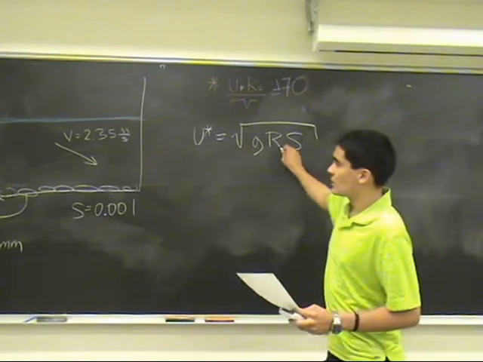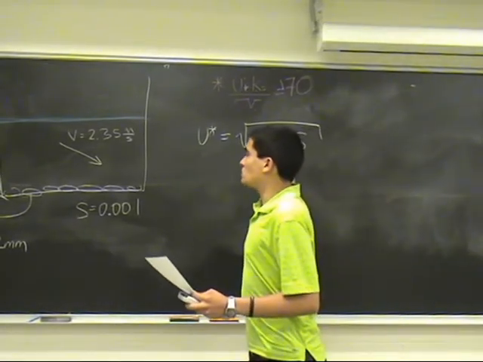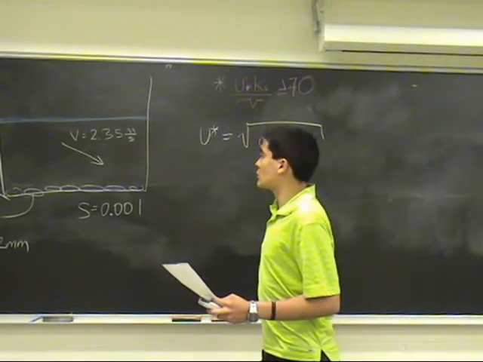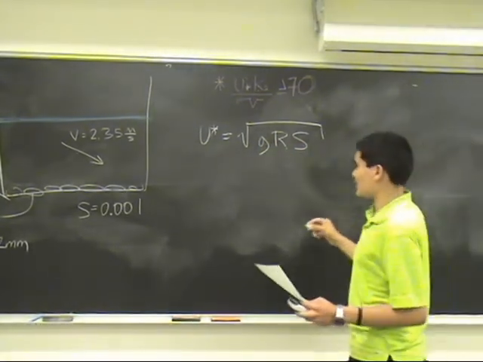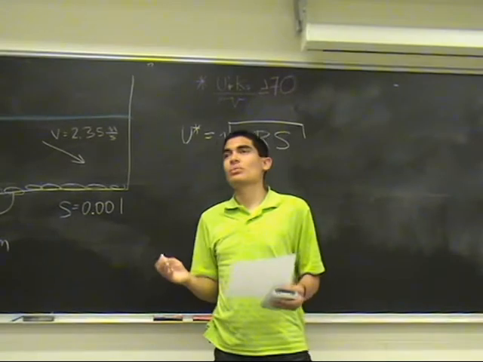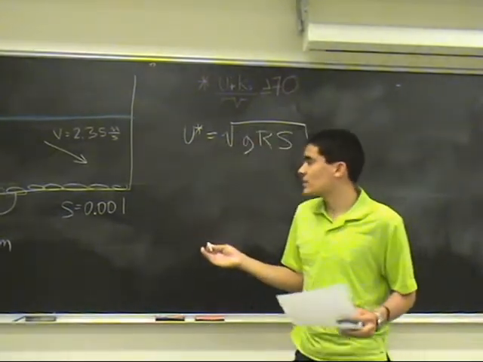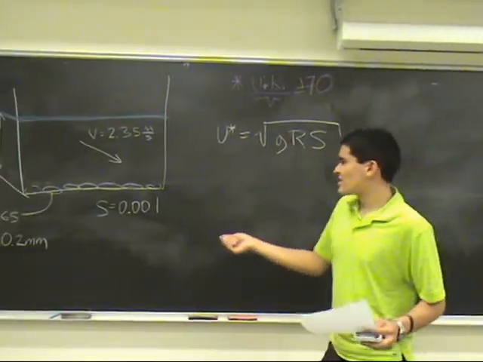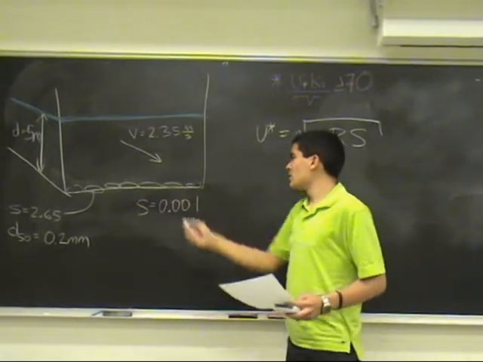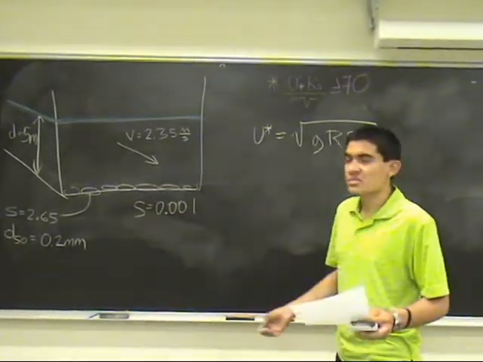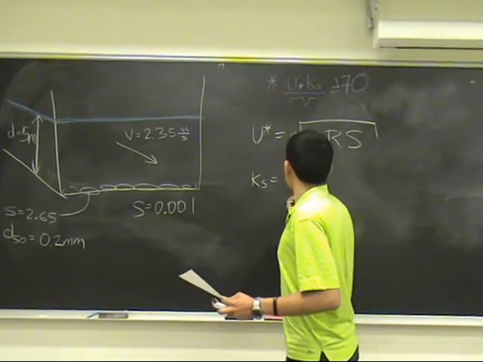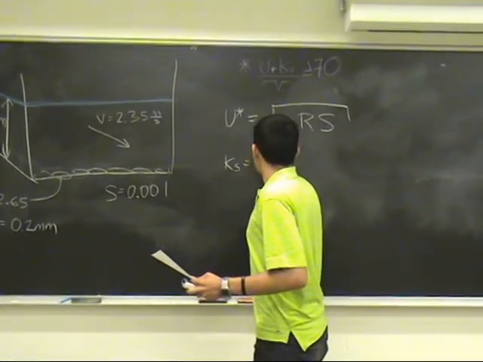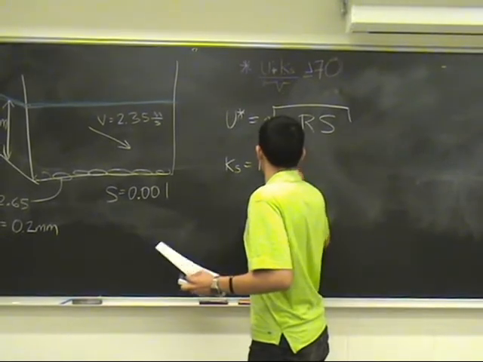R is our hydraulic radius, and g we know. Ks, we said it can be in the range of 10 to 100 D50. In our case, we have a pretty flat bed, so let's use our Ks as 10 D50.